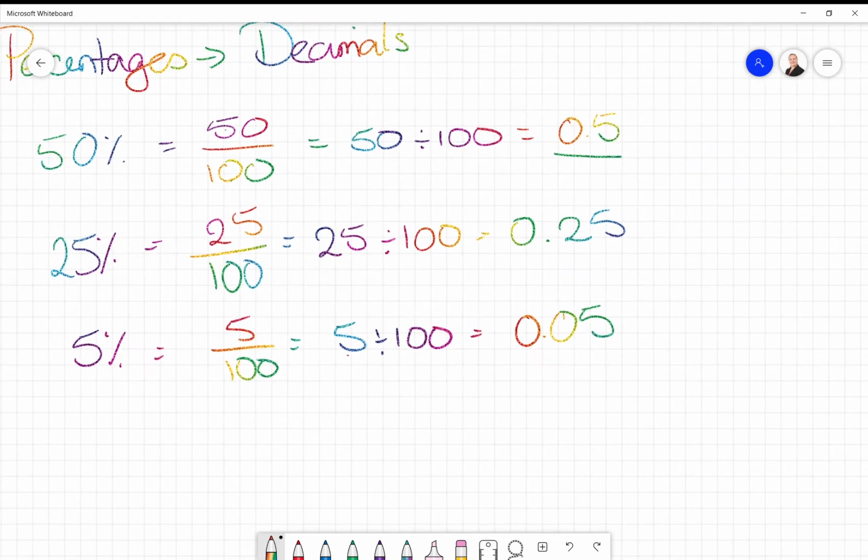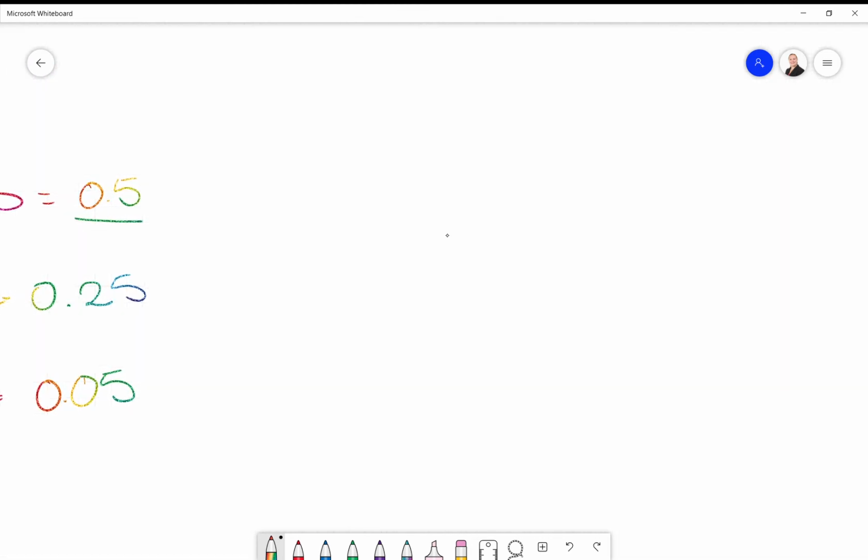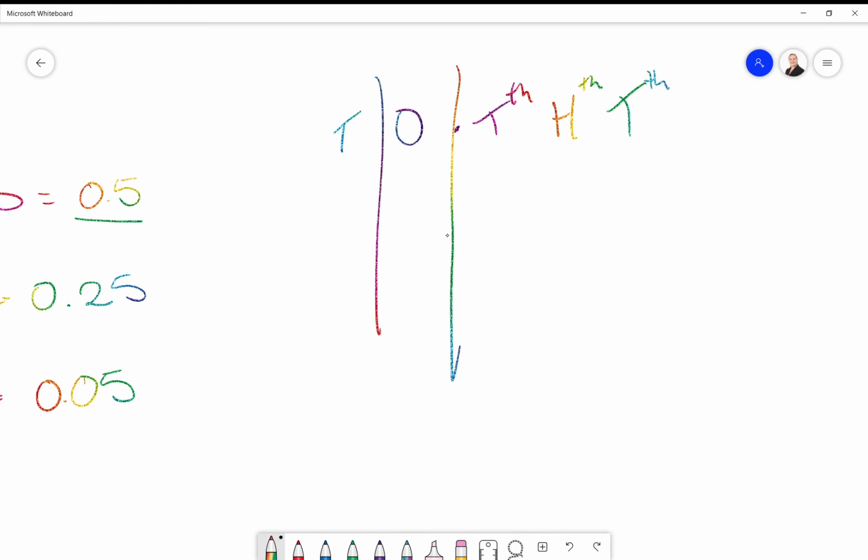So if we talk about place value tables, you know, you've got your tens, your ones, your decimal point, your tenths, your hundredths, your thousandths. Yeah, we should remember doing this.